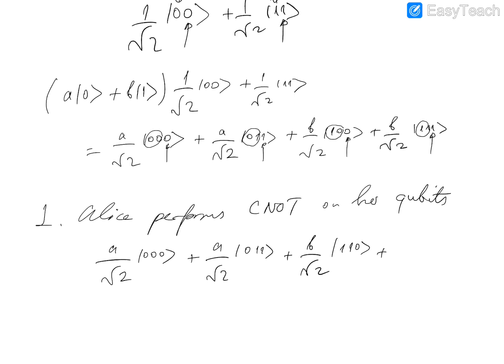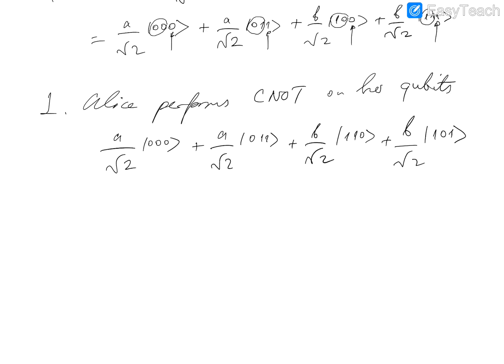We flip the second qubit because the control qubit is 1. And we have finally b over square root 2 |101>. Next stage is that Alice now applies the Hadamard transformation on the first qubit.